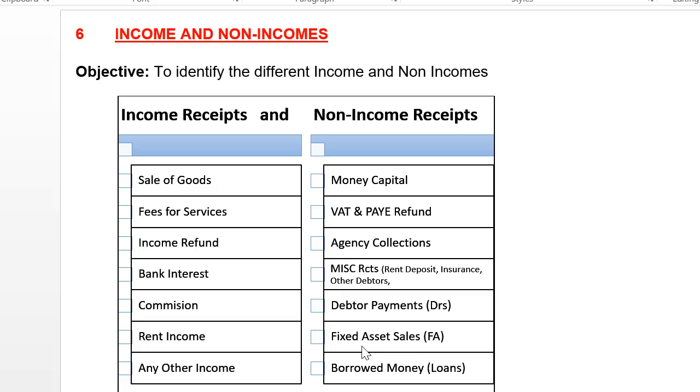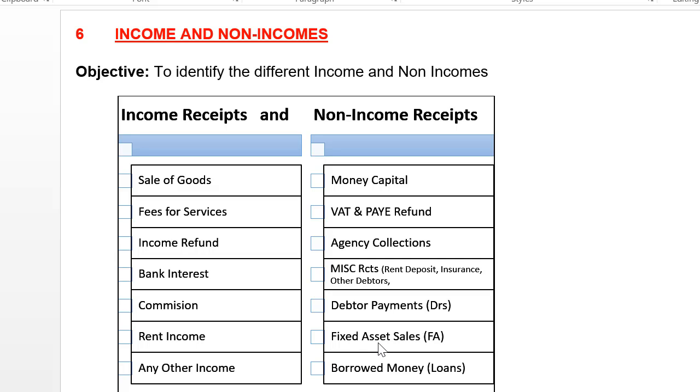Now, the sales of fixed assets is also tricky and not outright. In that, when a fixed asset is bought, it remains on the balance sheet and then at some stage it's written off in form of depreciation, which is not allowed for taxes, and instead written off in form of capital allowances or tax allowances.